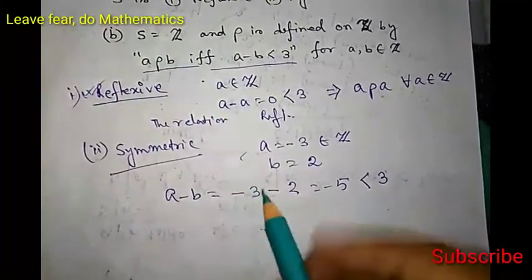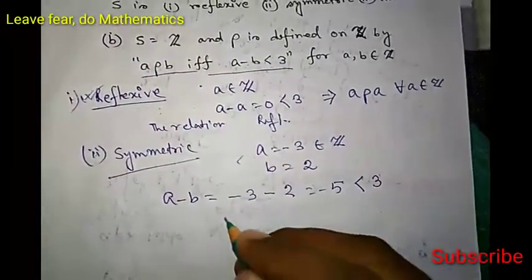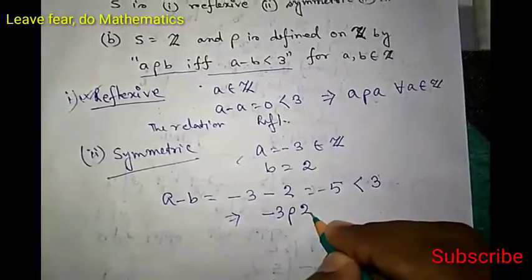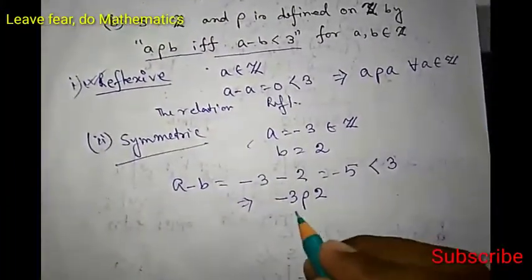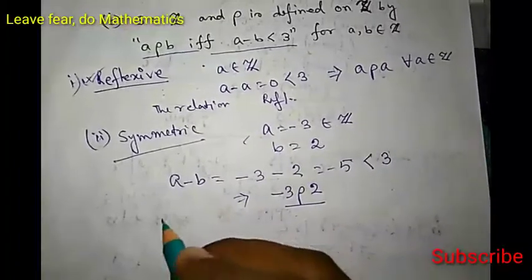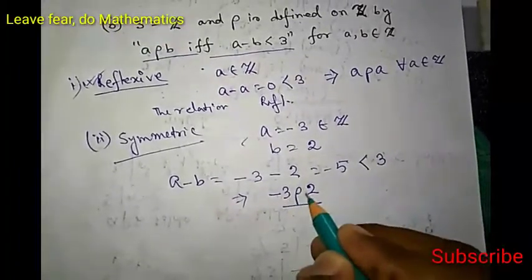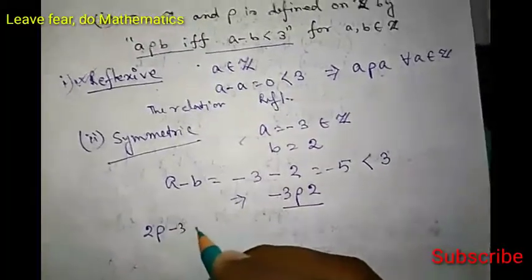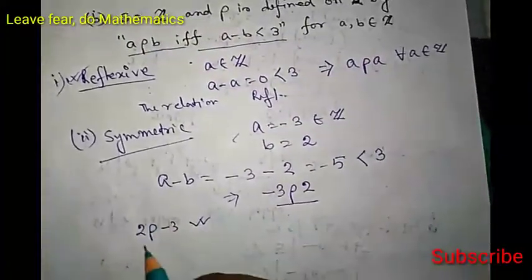So a is related to b, which implies minus 3 is related to 2. Now does the converse hold, that is, is 2 related to minus 3? We have to check if 2 is related to minus 3, then we say that it is symmetric.